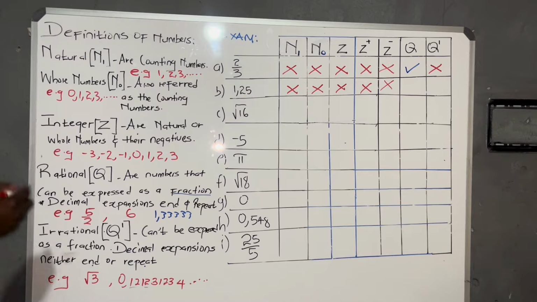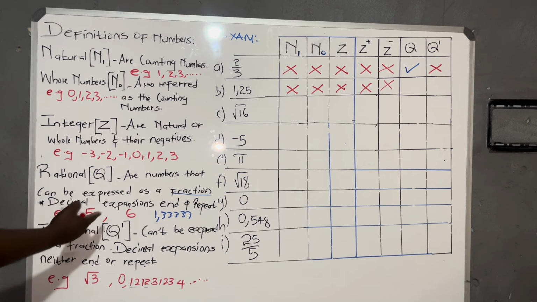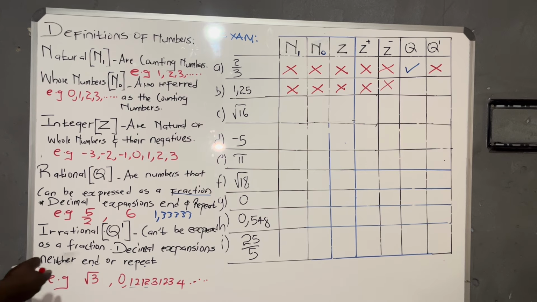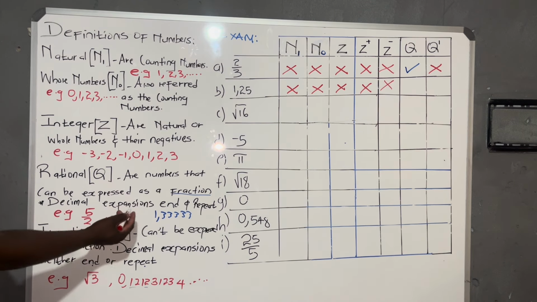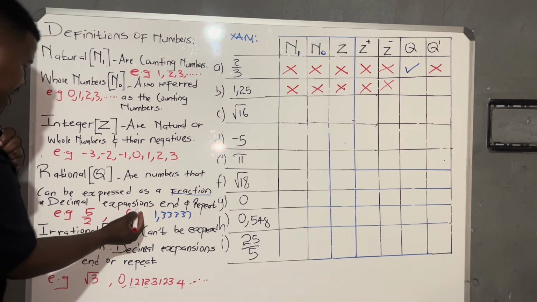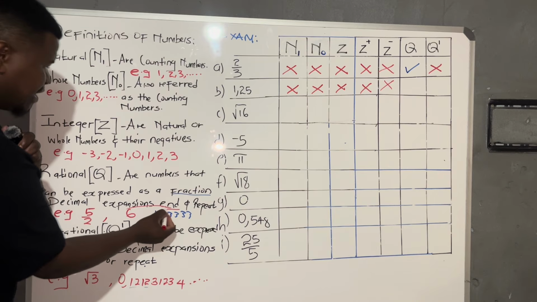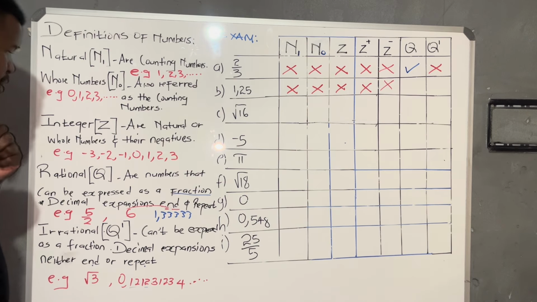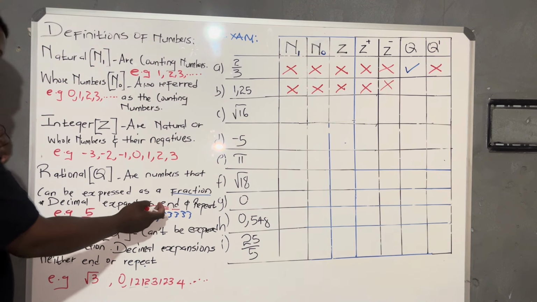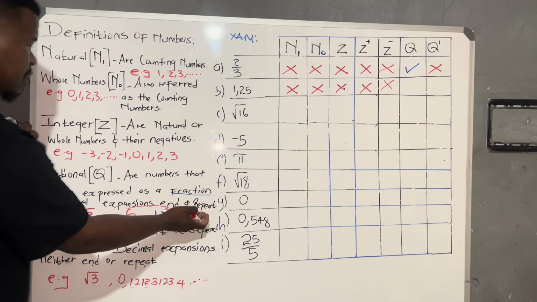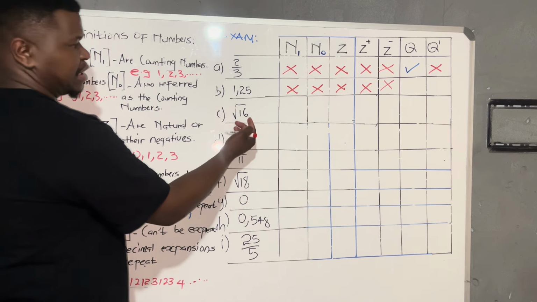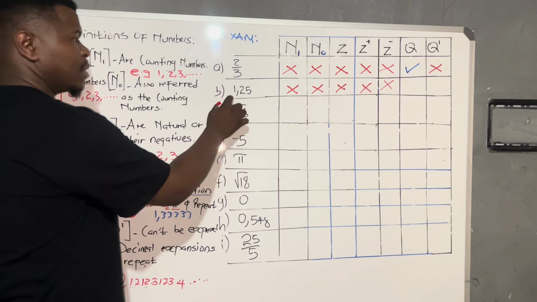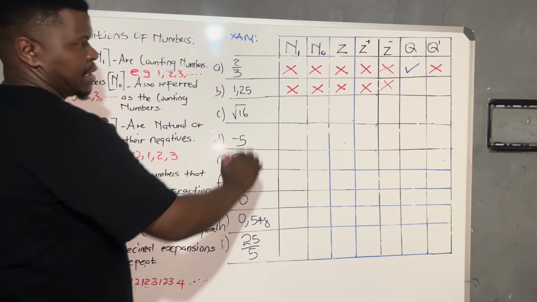Now, when it comes to rational, the keyword that they mention here, they say expansion ends. It ends here. So it can end or it can repeat. In this case, it's not repeating, but it just ends. 1,25, it ends there.